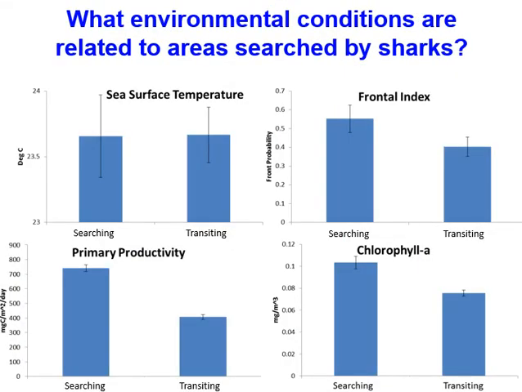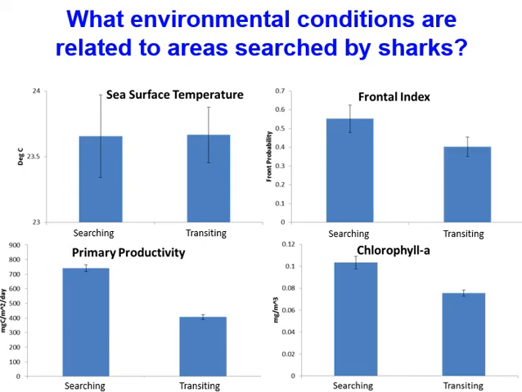So if you look at a number of different environmental conditions and their influence on these sharks, not so much in where they go, but in terms of their behavior, are they searching or are they transiting? Are they going straight or are they going around in circles?